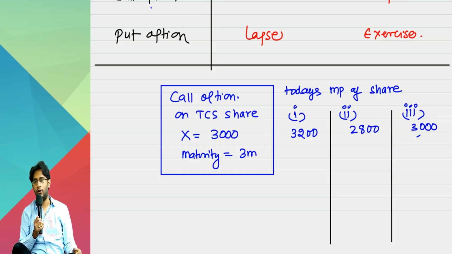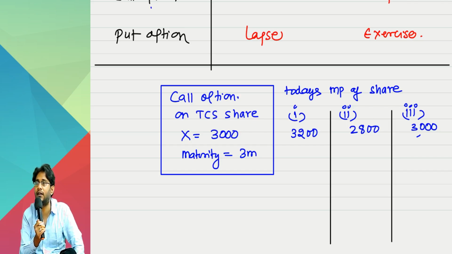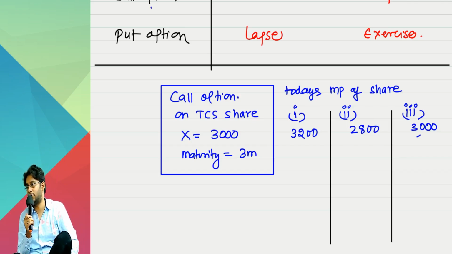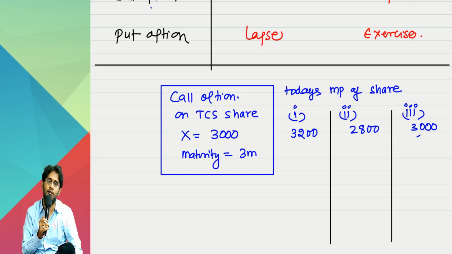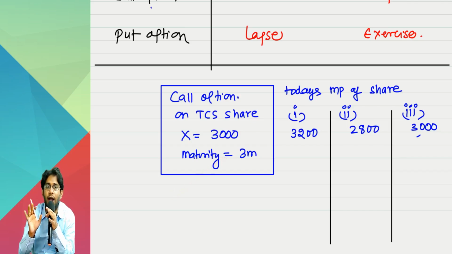You obviously cannot tell me whether you will exercise or not, because the exercise date is not today. Exercise date is after 3 months, not today. After 3 months, exercise or lapse. But as on today, is this option looking attractive or not? That's all I am asking. Sir, what is the meaning of attractive? Sir, in call option you have a right to buy or right to sell? Right to buy. Right to buy what? TCS share. At what rate? 3000. In case 1, market price is how much?